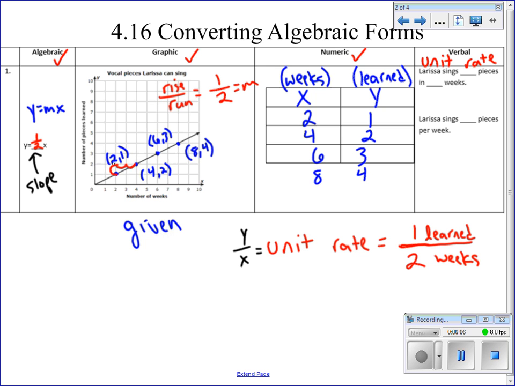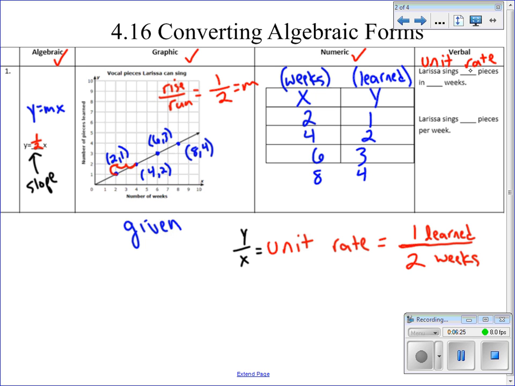She learns 1 piece in 2 weeks, or we could say that she learns 2 pieces in 4 weeks, or 3 pieces in 6 weeks and 4 pieces in 8 weeks.